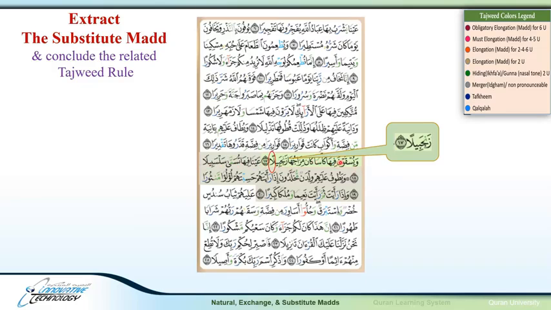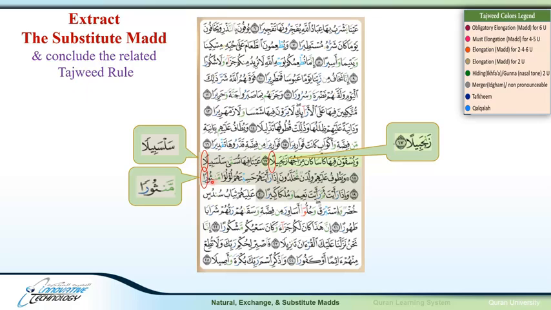But if we stopped at the end of each verse, then those tanweens would be substituted by mad vowels, extended or lengthened alifs. كان مزاجها زنجبيلا. We substitute the tanween here with an alif. Similarly, عينا فيها تسمى سلسبيلا. We replace the tanween with an alif, or substitute it with an alif.